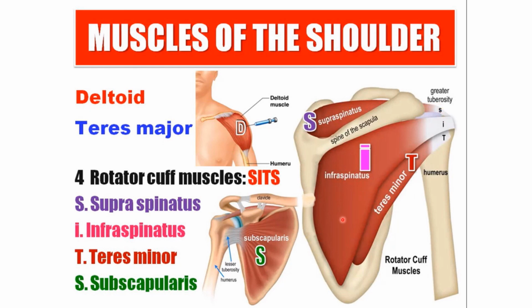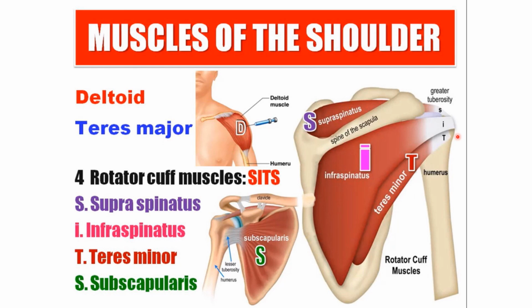Then the infraspinatus also inserts on the middle lip of the greater tuberosity of the humerus, and then the teres minor muscle also inserts on the lower lip of the greater tuberosity of the humerus. So the supraspinatus inserts here, infraspinatus inserts here, teres minor muscle inserts here.